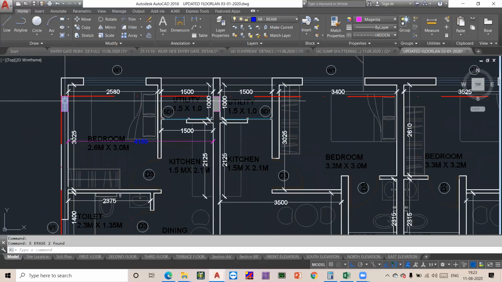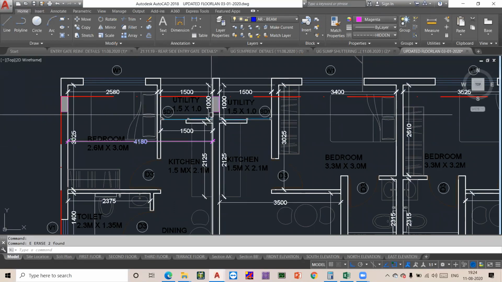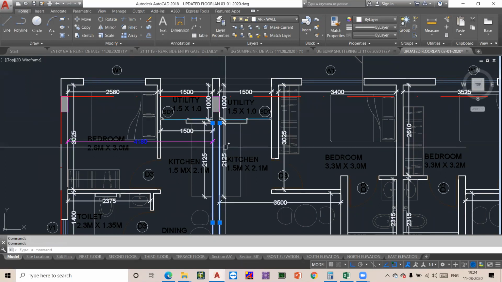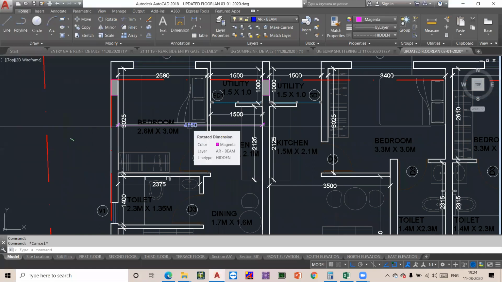Okay, after positioning our first column, the same line we will be considering one more column, in such a way that this location of the column is getting concealed well within our architectural walls. Okay, and as we noticed here, the column to column spacing is 4.18 meters.